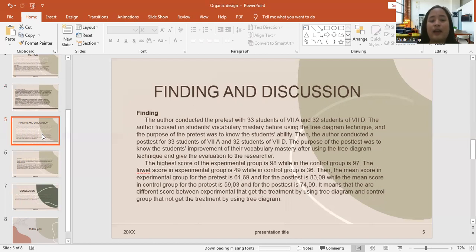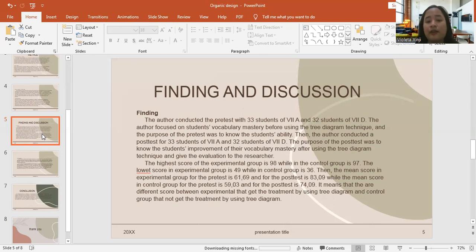The highest score of the experimental group is 98, while in the control group is 97. The lowest score in the experimental group is 49, while in the control group is 36.